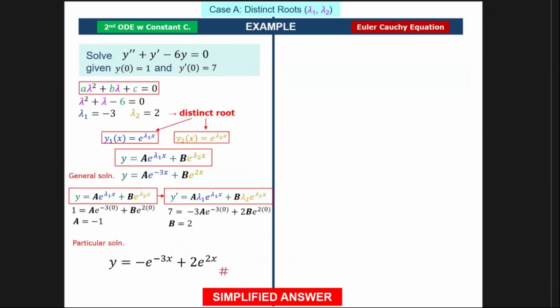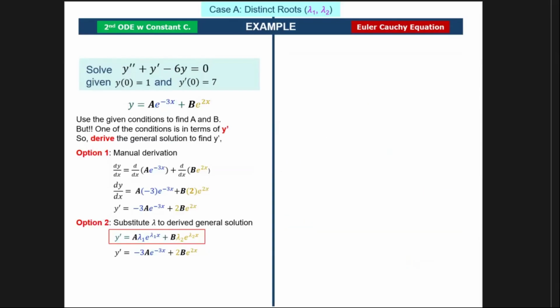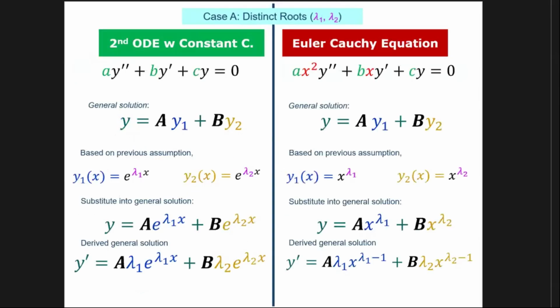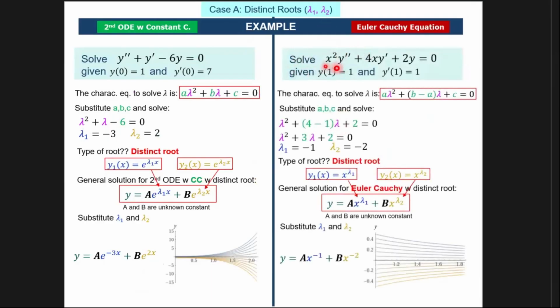All right. Let's see the Euler equation. For the Euler equation example, solve x squared y double prime plus 4xy prime plus 2y equal to 0. It's very easy to determine if an ODE is a second-order ODE with constant coefficient or an Euler-Cauchy equation.